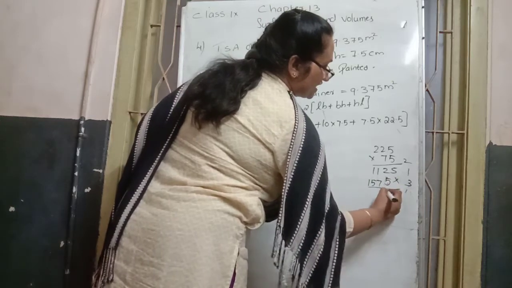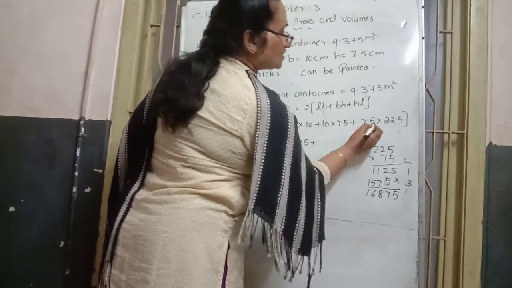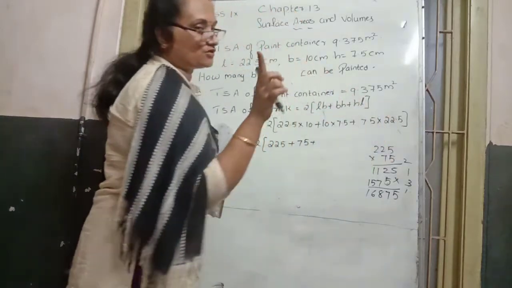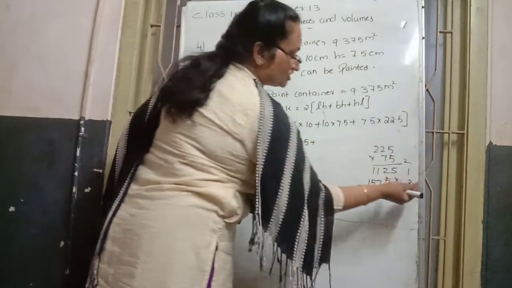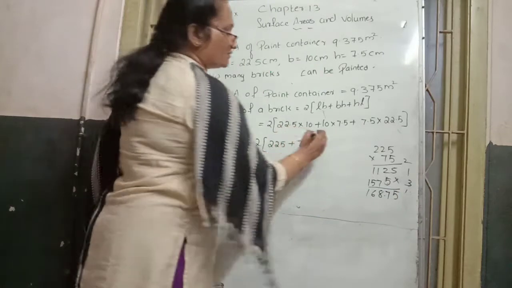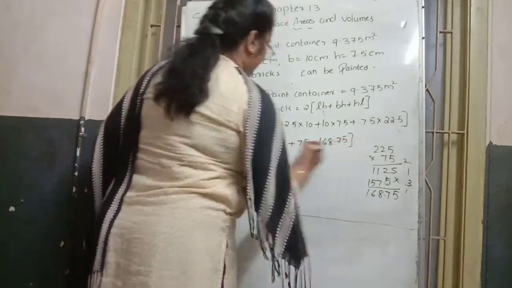Then adding, we get 16875. There is one digit after the decimal point in each number, total 2 digits, so counting 2 places from right to left we put the decimal point, giving 168.75.